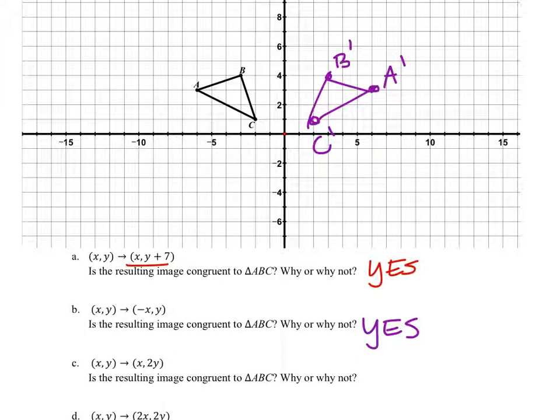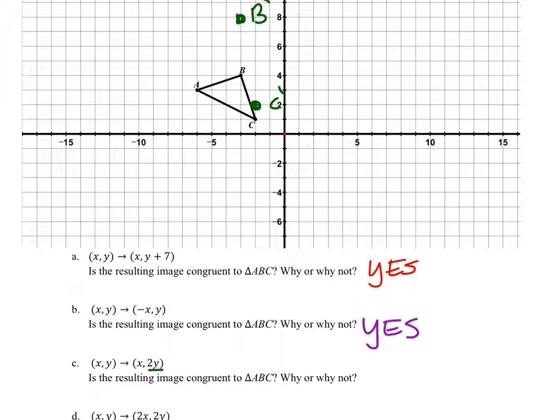Part C, (x, y) now becomes (x, 2y). So the x is going to remain the same distance away, but the y is going to double, so C will become right here. That's C prime. The B is still 3 away, but we're going to double its y value to make it up here.